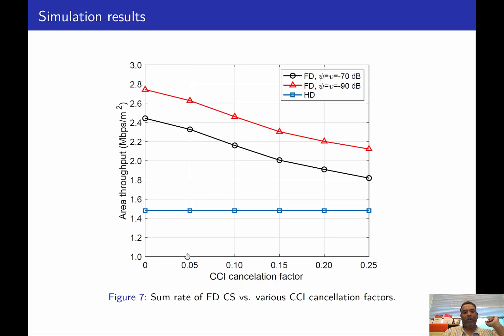By having less co-channel interference, the full duplex benefit is high, and when the co-channel interference is present, the performance degrades as well. So this is the half duplex. These are the full duplex with different hardware impairments. This is the small hardware impairment, and this curve is for high hardware impairment compared to this one.